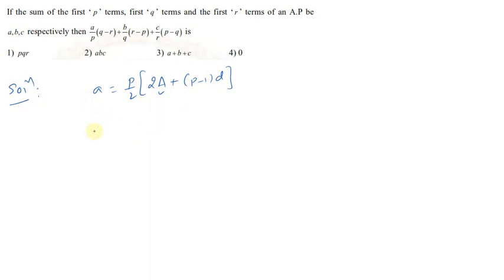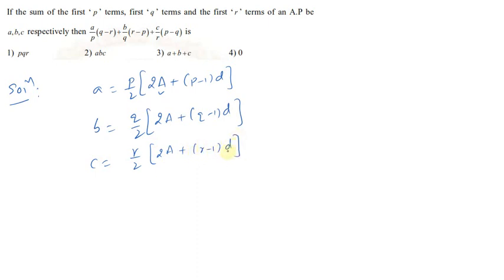And next B is given as q by 2, the sum of first q terms, 2a plus q minus 1 into d, and C is equal to r by 2 into 2a plus r minus 1 into d.